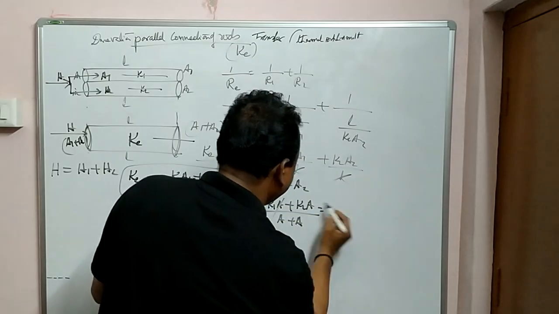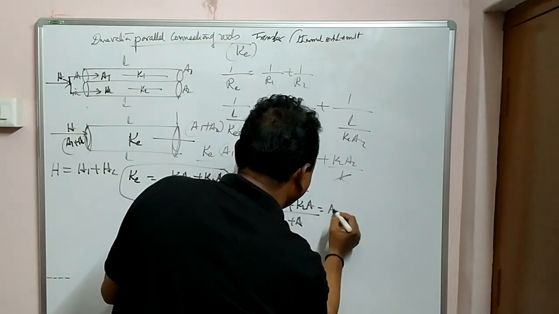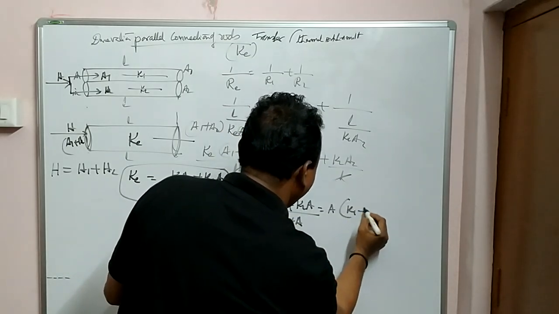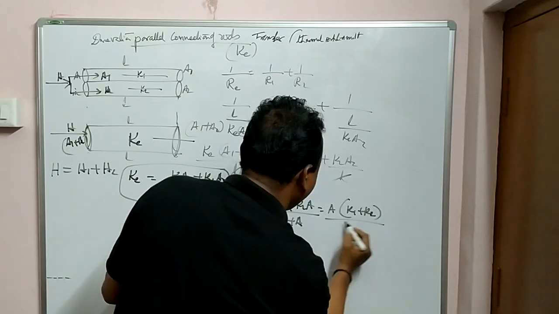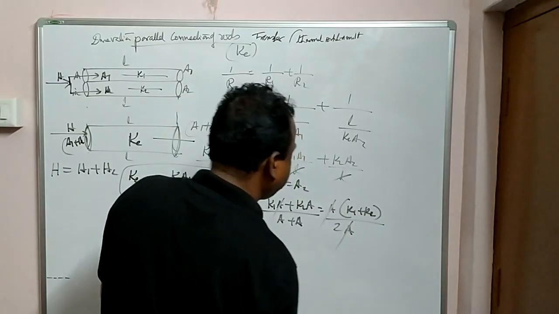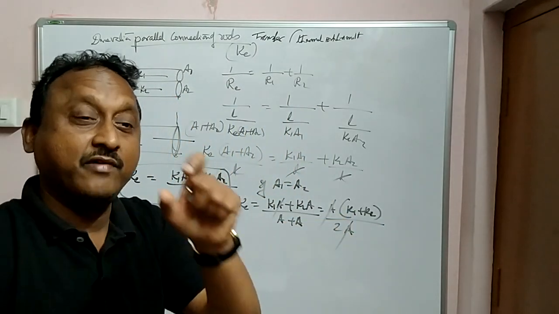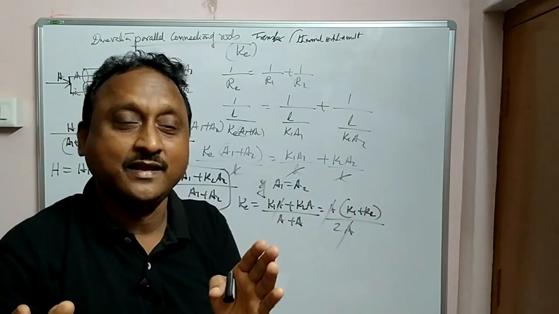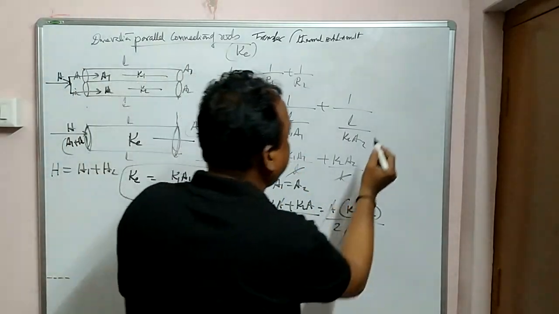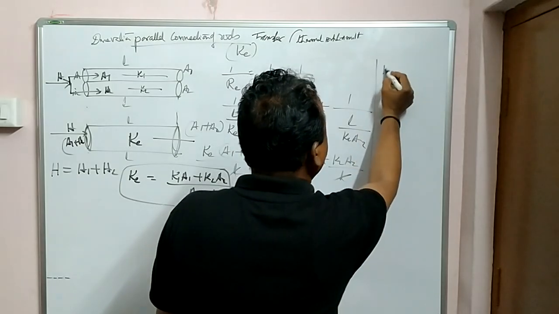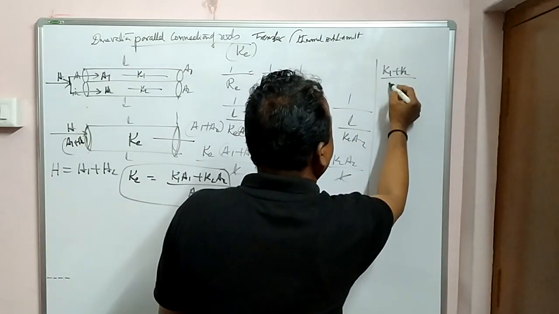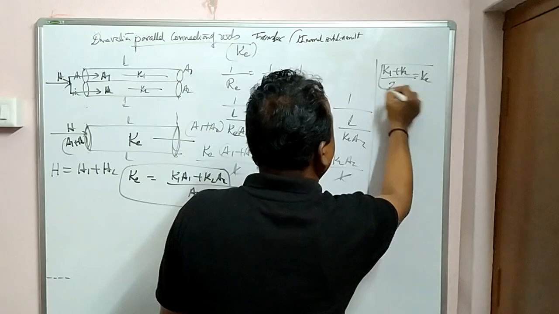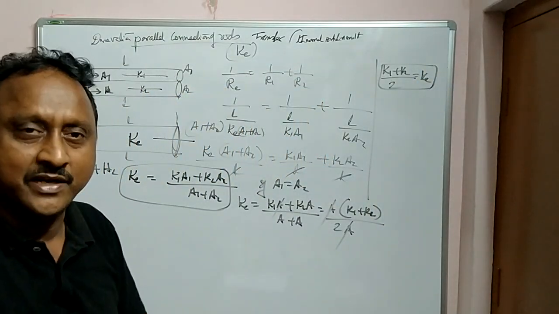You take A, first you write down A into K1 plus K2 by 2A. So A gets cancelled. What is the value? If A1 is equal to area 2 in parallel, then the answer is what? K1 plus K2 by 2. K1 plus K2 by 2 is the effective thermal conductivity value.